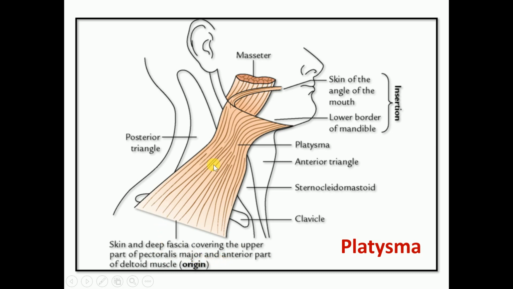These fibers pass upward and forward, crossing the clavicle as well as the sternocleidomastoid muscle, and most of the fibers are inserted into the lower border of the body of the mandible. It is a thin quadrilateral muscular sheet in the superficial fascia of the side of the neck that can be easily seen after removal of the skin.